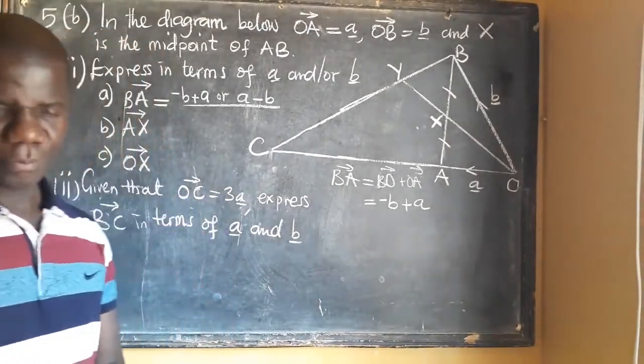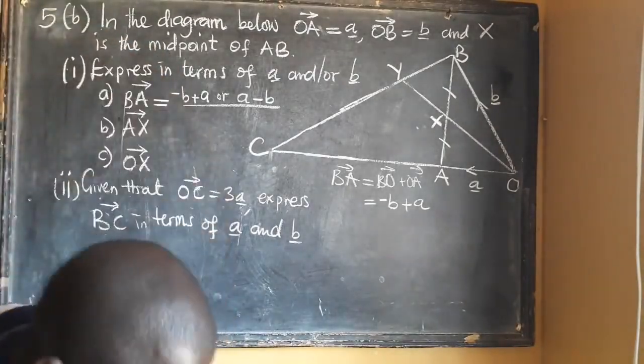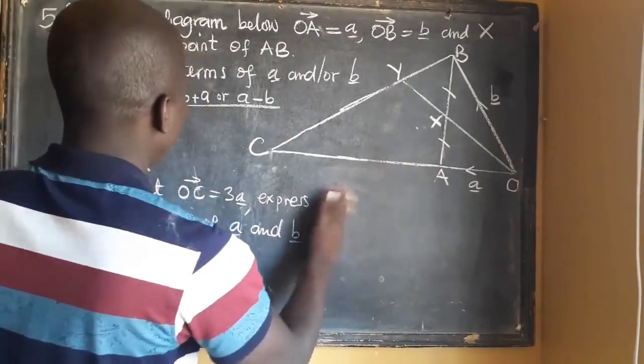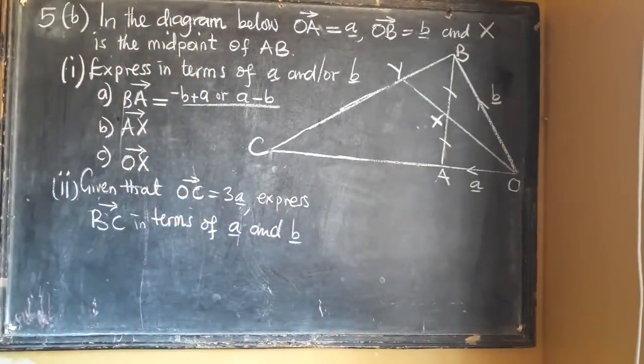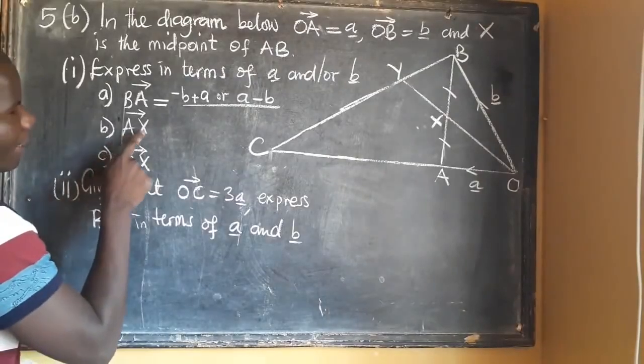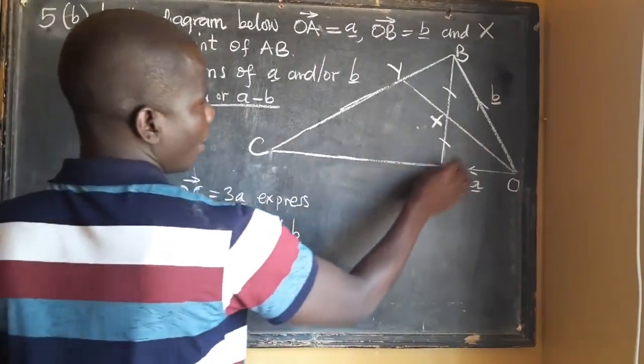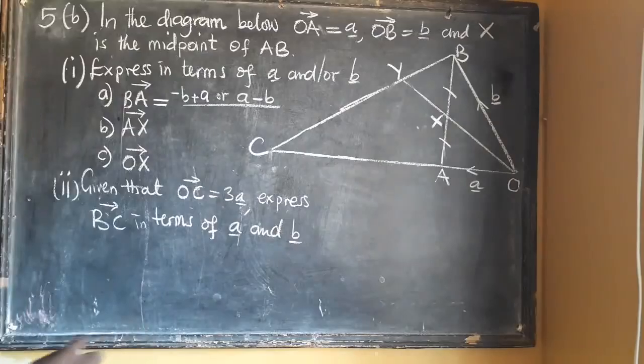Are we together? So that is what we're going to have there. So we can get rid of this. Then AX.